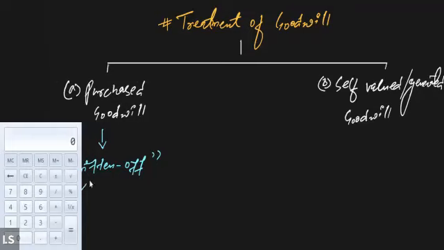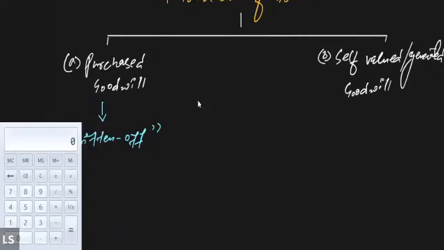So what do you mean by writing it off? Writing it off basically means we won't be showing it in the future books of account. Now see, because it is goodwill, I'm sure all of you know that goodwill is the asset of the business, right? In fact, it is the intangible asset, or sometimes it is also called the fixed asset of the business.